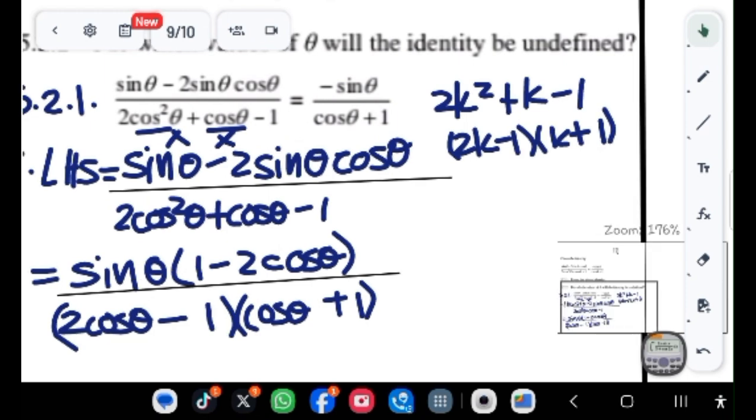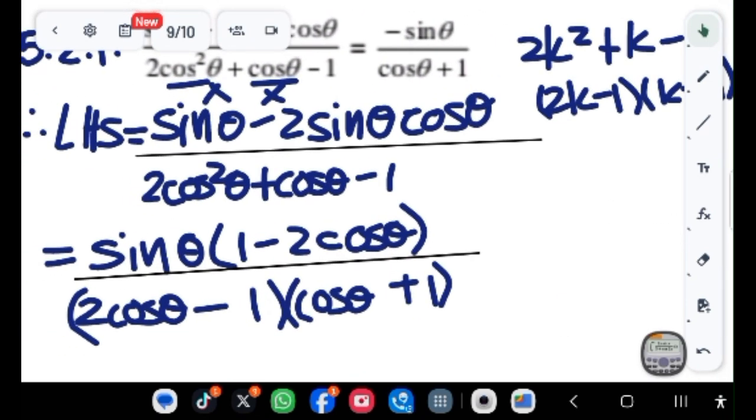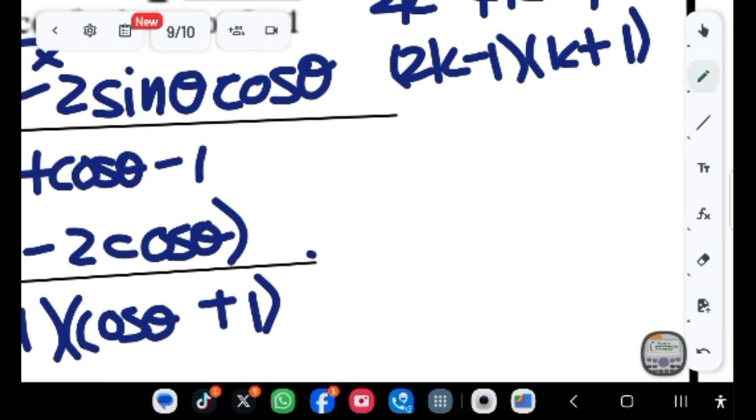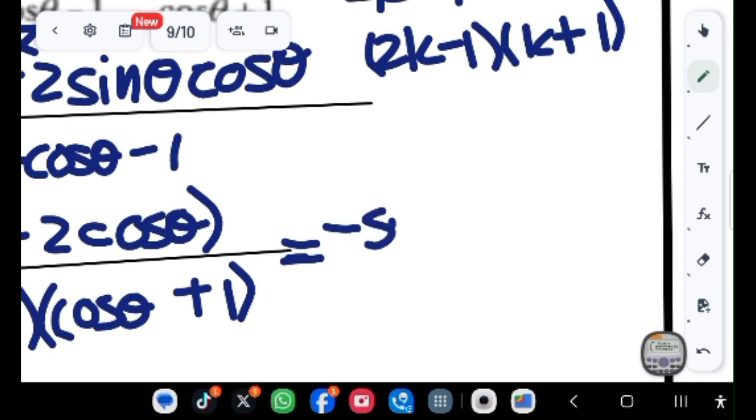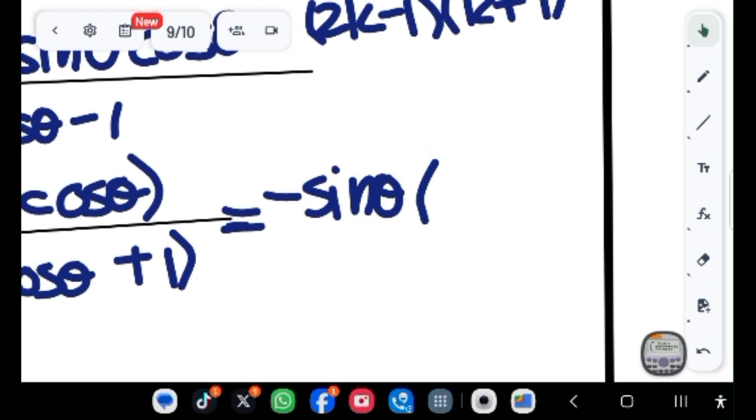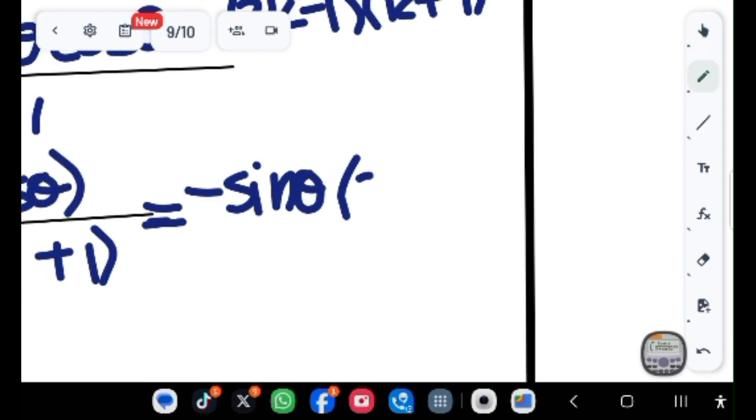Now that gives us what? You can see the denominator 2 cos of theta minus 1 is almost similar to this one. So what we do is we put a minus in front of this one at the top, so we can rearrange that into something similar to the denominator, so that becomes 2 cos theta minus 1.